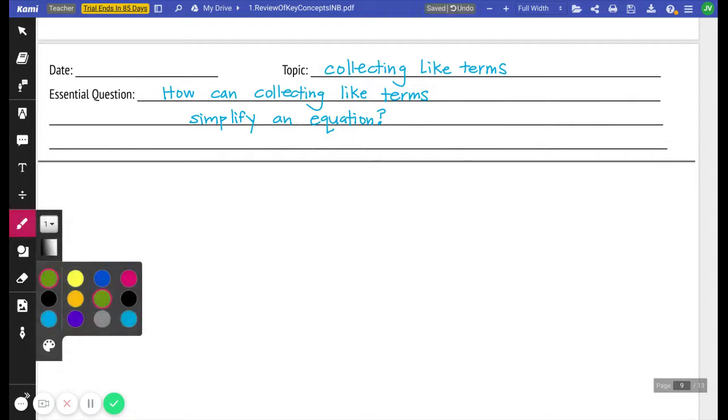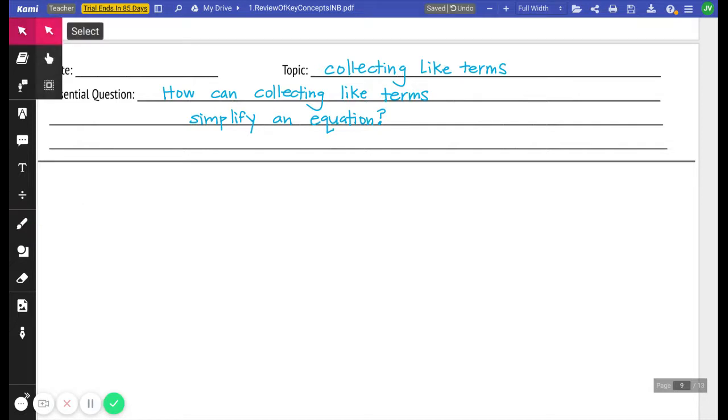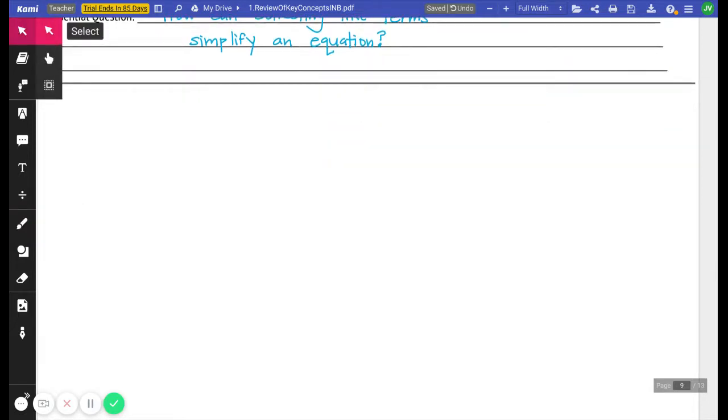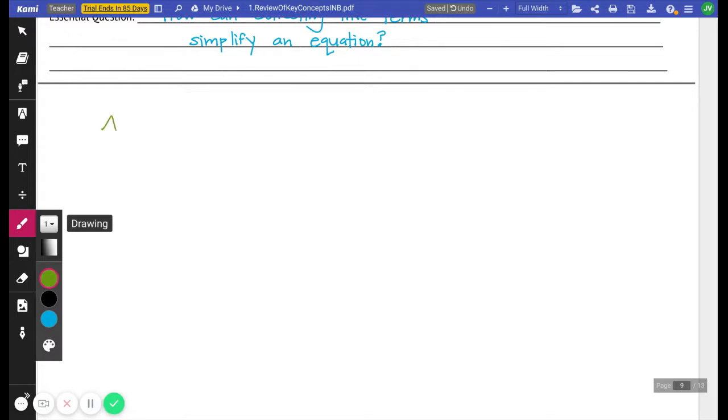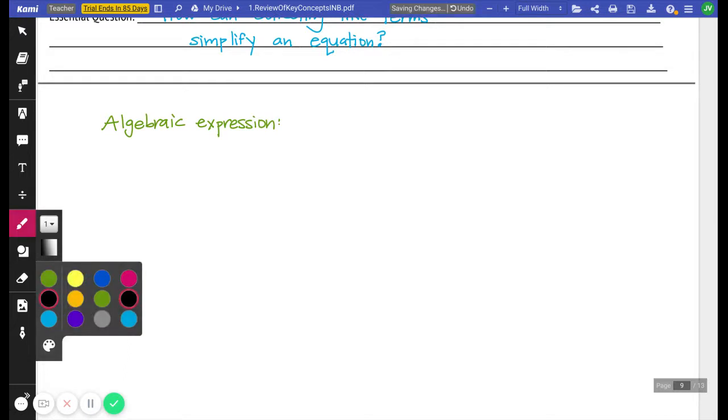So first of all, let's do a definition. An algebraic expression uses variables or numbers, or numbers and variables, and then a collection of pluses and minuses.